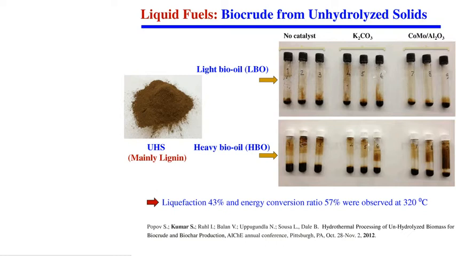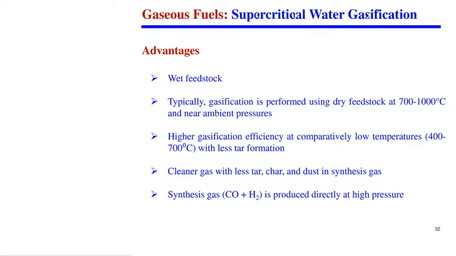Again, the use was just a little bit of potassium carbonate and subcritical water conditions. So this is again a greener method. This result was recently presented at the American Institute of Chemical Engineers annual conference at Pittsburgh.